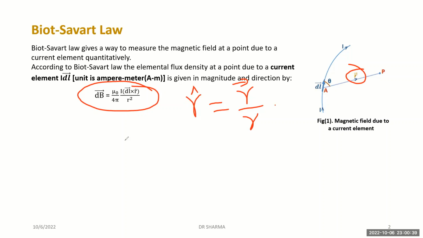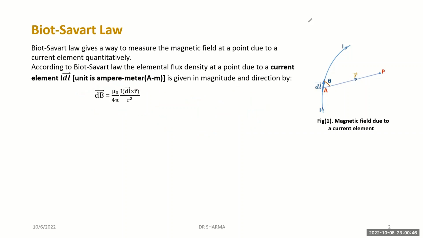So if we substitute this formula, we get this expression in a new form as dB vector is equal to mu naught by 4 pi, I dl cross r vector upon r cube.